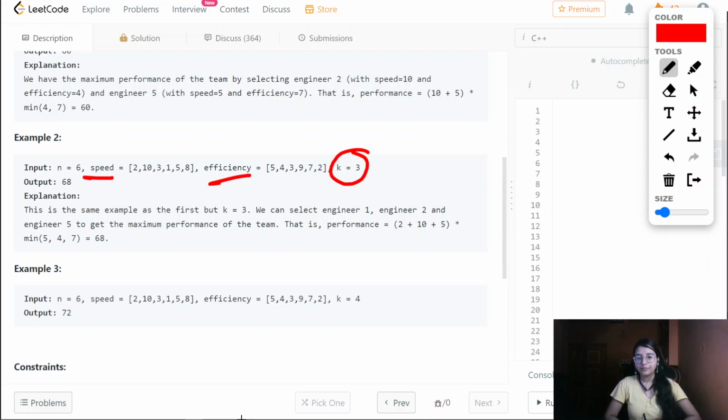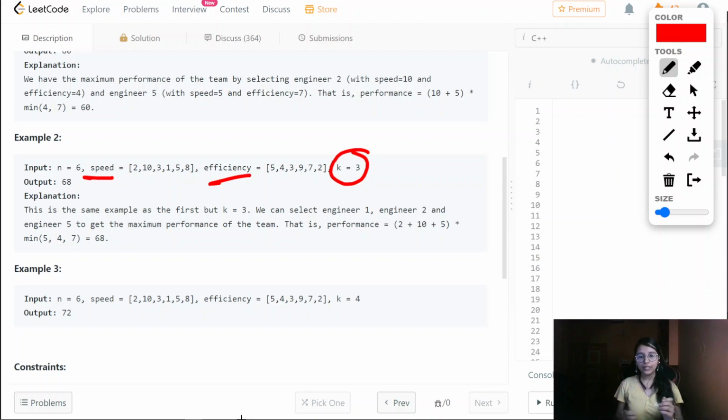Now the thing is that if we choose some data structure in such a manner that we are easily able to access whatever is minimum or maximum out of the pair which we can form, because speed and efficiency both are associated with each other, and with a combination of both of them we will be able to figure out the performance. So we don't need to analyze only the speed, or only the efficiency. We need to analyze both of them together.